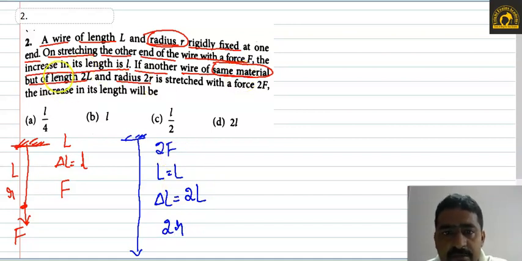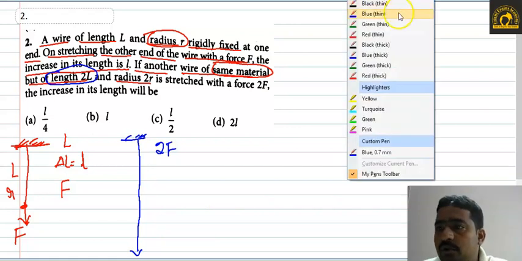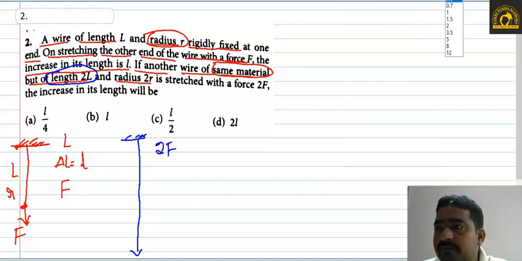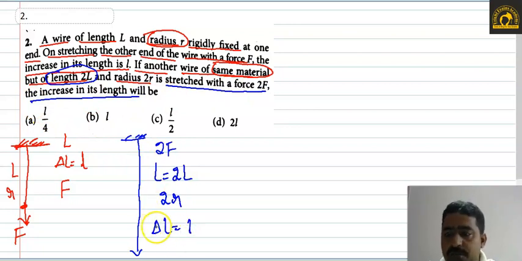On stretching with the force 2F, what is the increase in the length? That is the question.